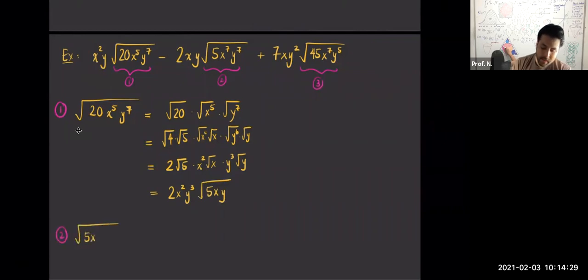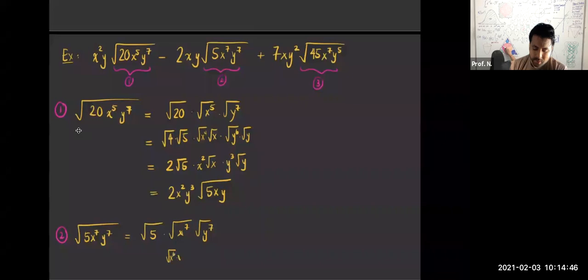How about the square root of 5x to the 7th y to the 7th? Well, I can break down each of these individually. The square root of 5, I can't break down any further. It's not a perfect square, so I just leave it. X to the 7th, I can write this as the square root of x to the 6th times the square root of x. The square root of y to the 6th times the square root of y.